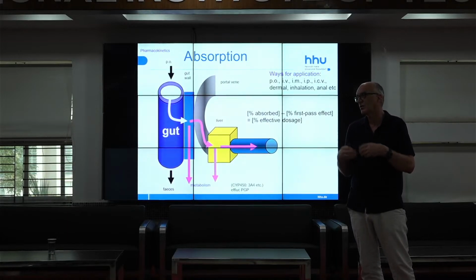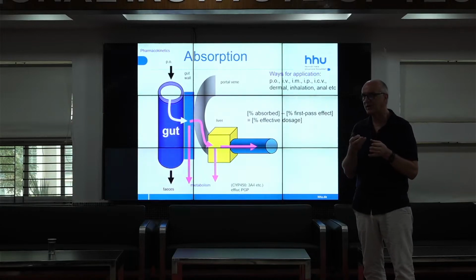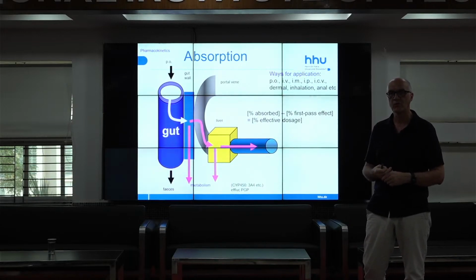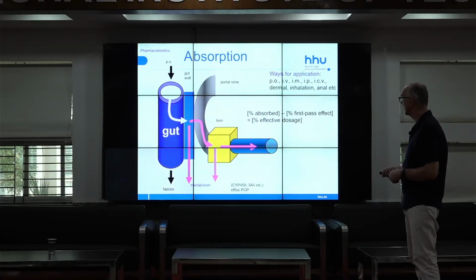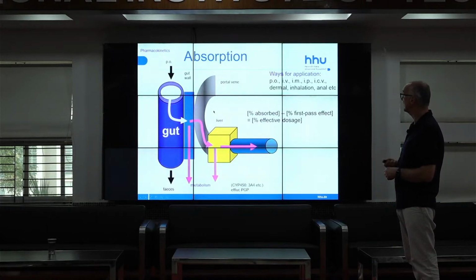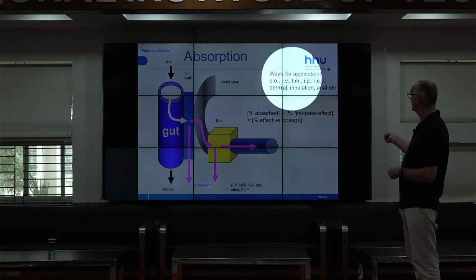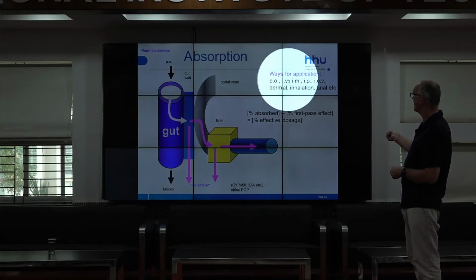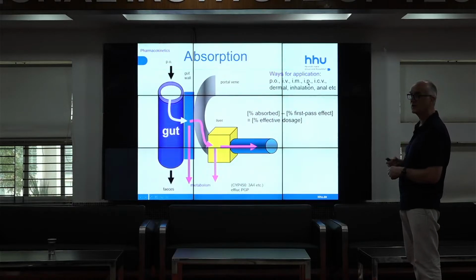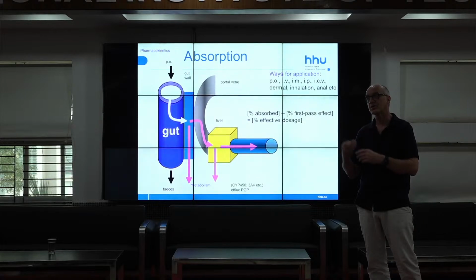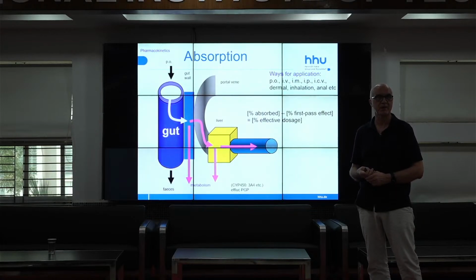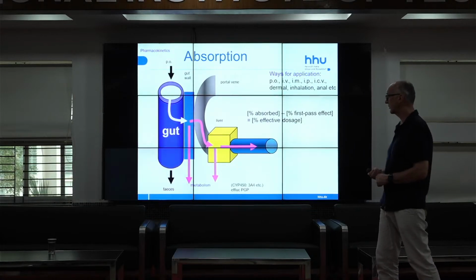So make your compound stable enough, with a low first pass effect, and then we can easily go for this. But you can also bypass the first pass effect with IV application or some other parenteral application form. It is clearly possible to go for a parenteral application or IP application.